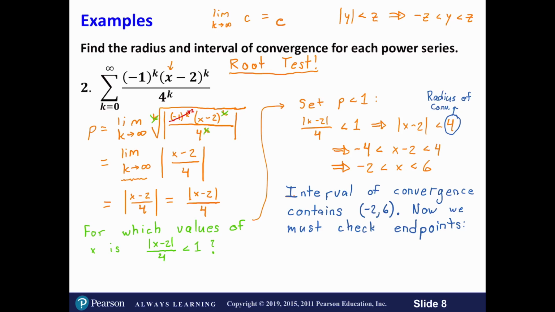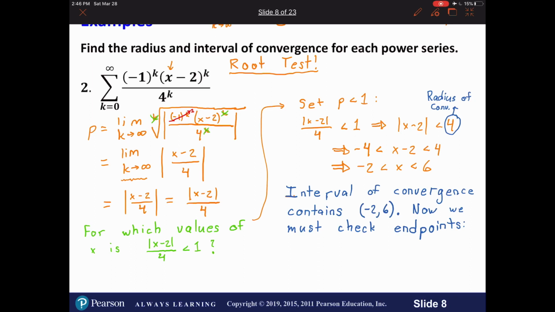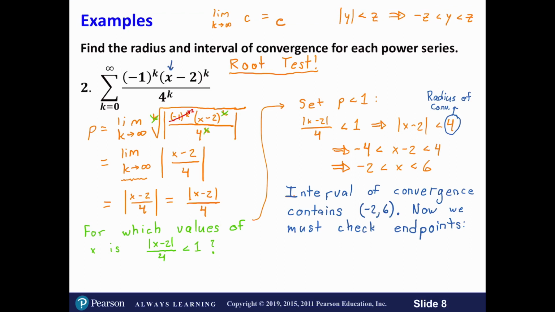All right, so back to that original question that I asked you guys. What values of x here do you think would cause this thing to converge? It kind of makes sense that values between negative 2 and 6 will allow this thing to converge. Because if, for example, you plugged in x equals 5, you would get the series, sum from k equals 0 to infinity of negative 1 to the k times 5 minus 2, which is just 3, to the k, all over 4 to the k.